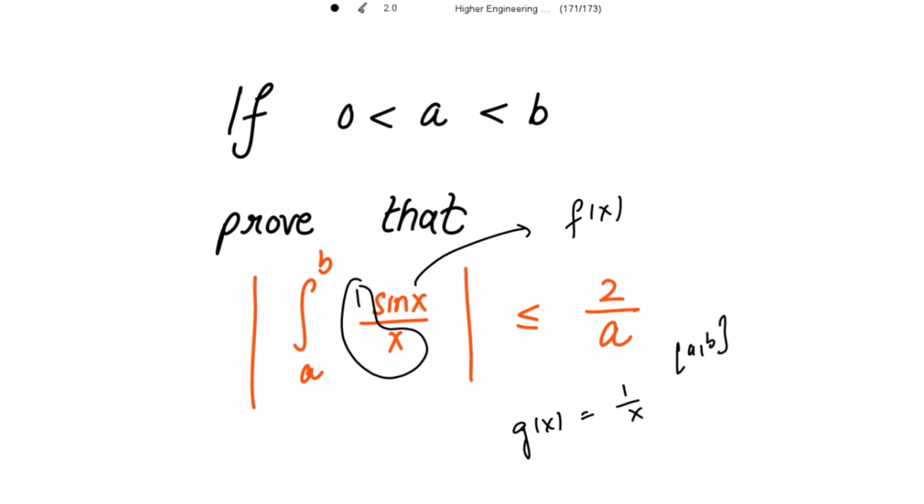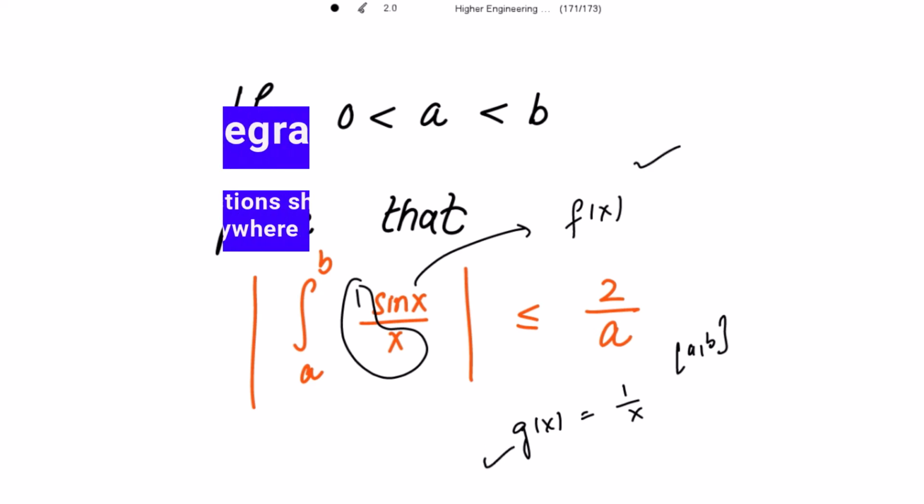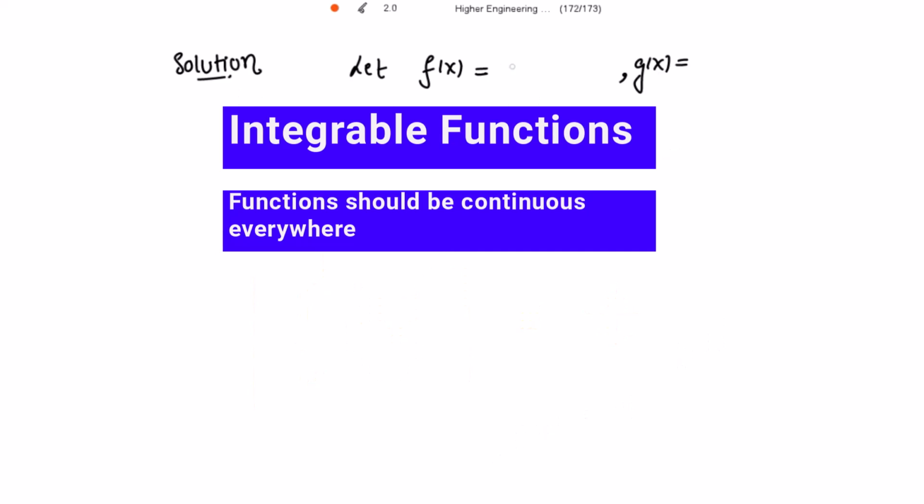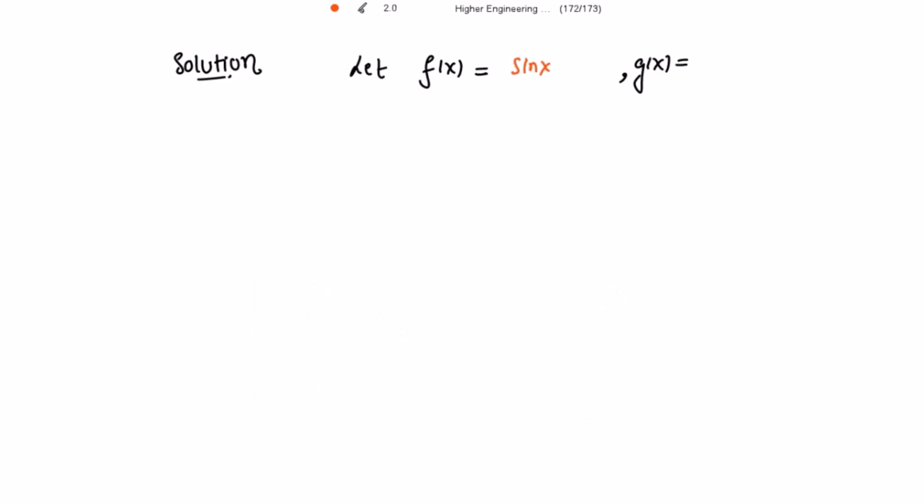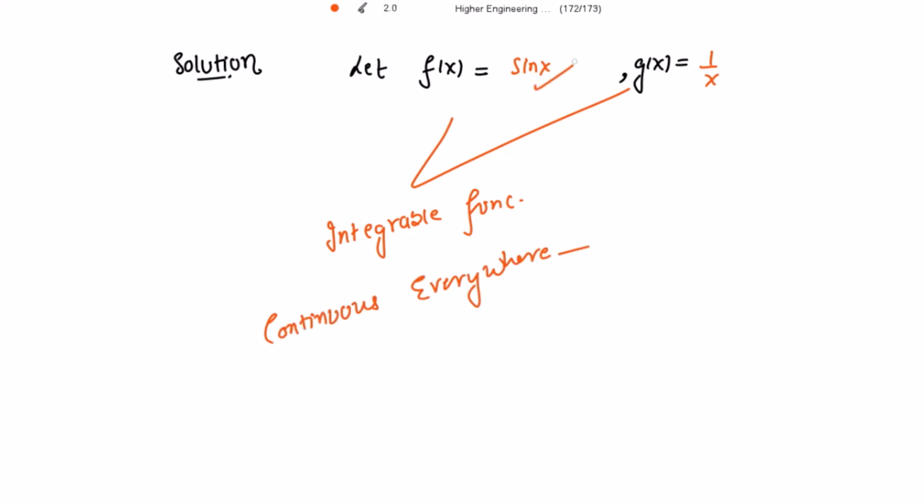What is the requirement for the second mean value theorem? That both these functions should be integrable functions. So we have taken f(x) to be sin x and g(x) to be 1 by x. Now both these are integrable functions because they are continuous everywhere. Sin x is your trigonometric function. 1 by x is your rational function.